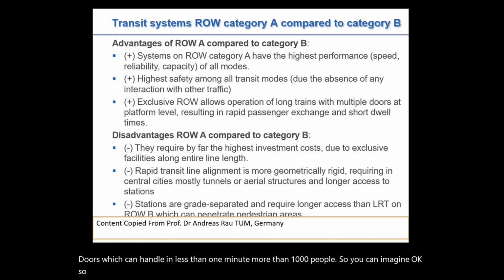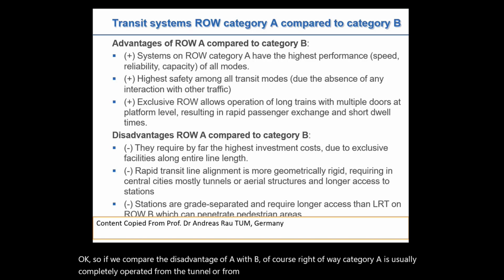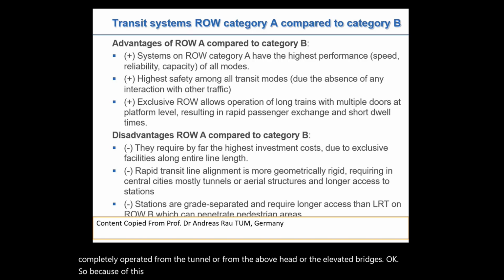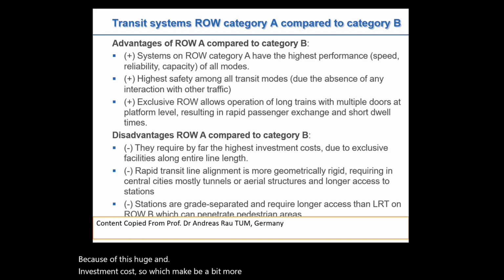So if we compare the disadvantage of A with B, of course, right of way category A is usually operated completely from a tunnel or from overhead elevated bridges, okay? Because of this, there is a huge investment cost, which makes B a bit higher while A is a bit lower. Okay.